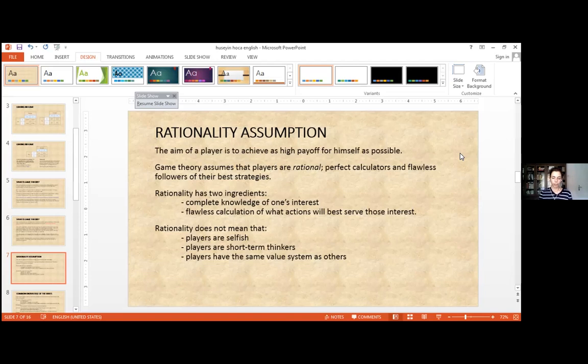When a game is in play, a player must recognize that the other players calculate the consequences of their own choices by using their own value system. So everyone has different value systems. You must think in your own value system and assume that they would act as you would in the situation.